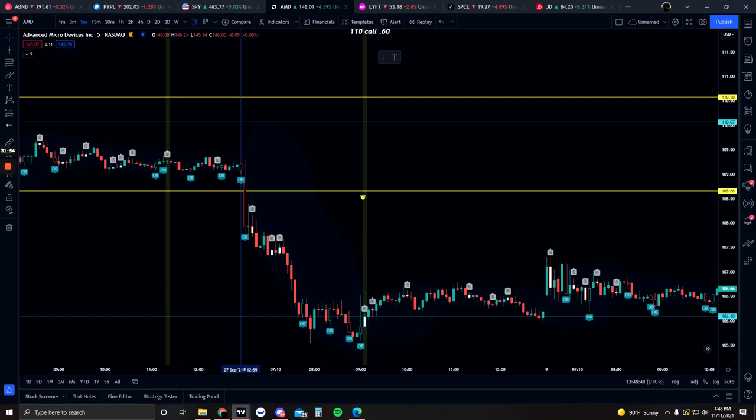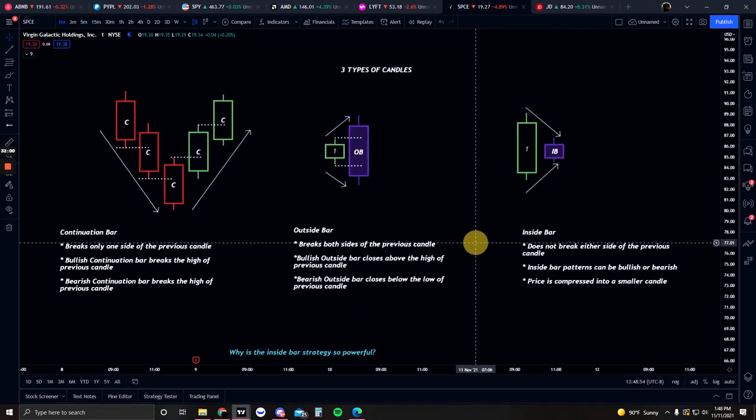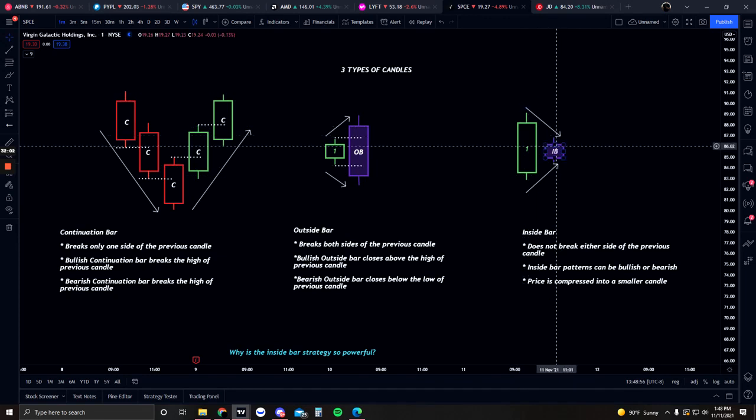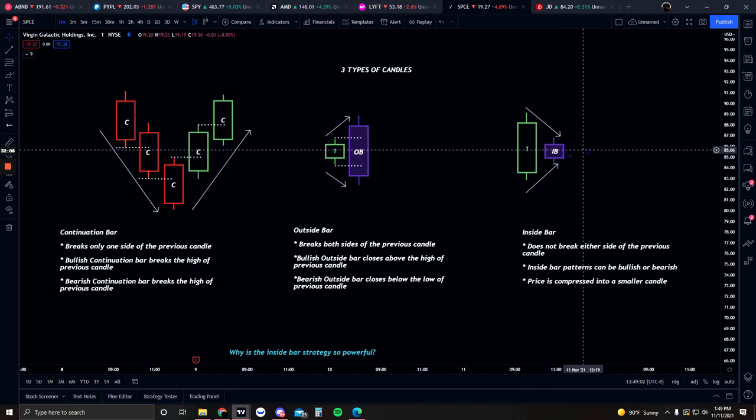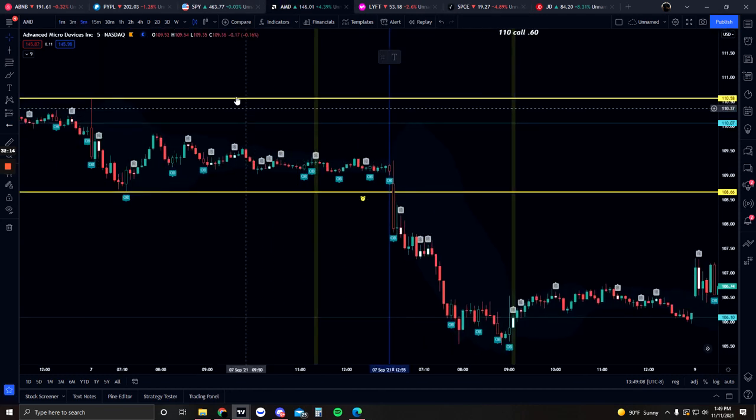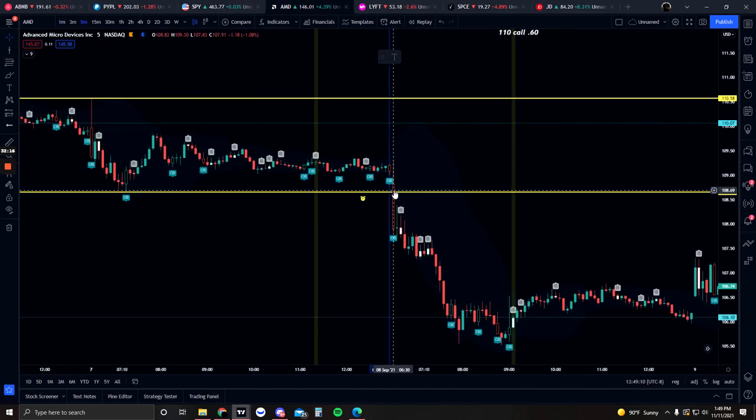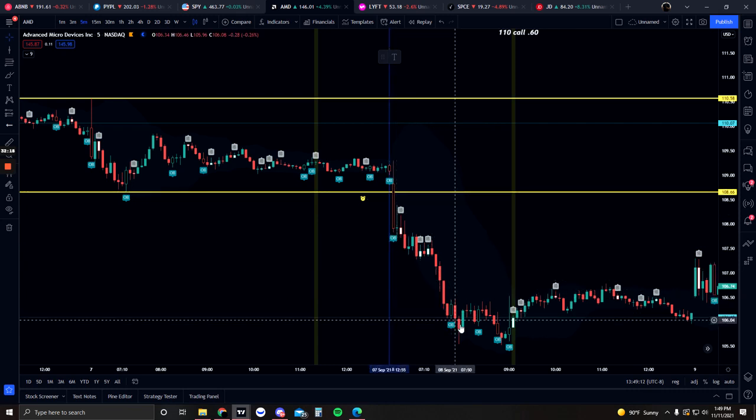Good. All right, cool. So just to go back to it, you see the inside bar, the compression, right here. But you remember the spring analogy? The coiling? It comes in, and it broke. Here's an example. Where's AMD? Spring coils, breaks, boom, rocket down.